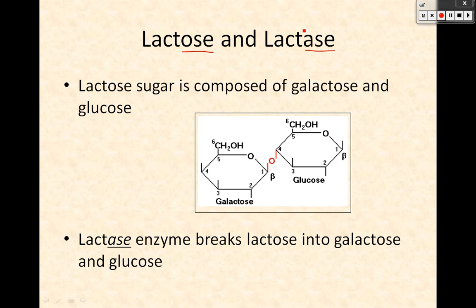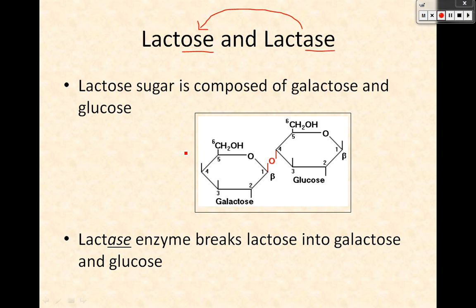So lactase is the enzyme that breaks down lactose. Lactose is a sugar that's composed of galactose and glucose, and both of these are simple sugar monomers. We studied them when we looked at the modeling kits, and some of you may remember they actually have the exact same chemical formula, but how the atoms are bonded is different.